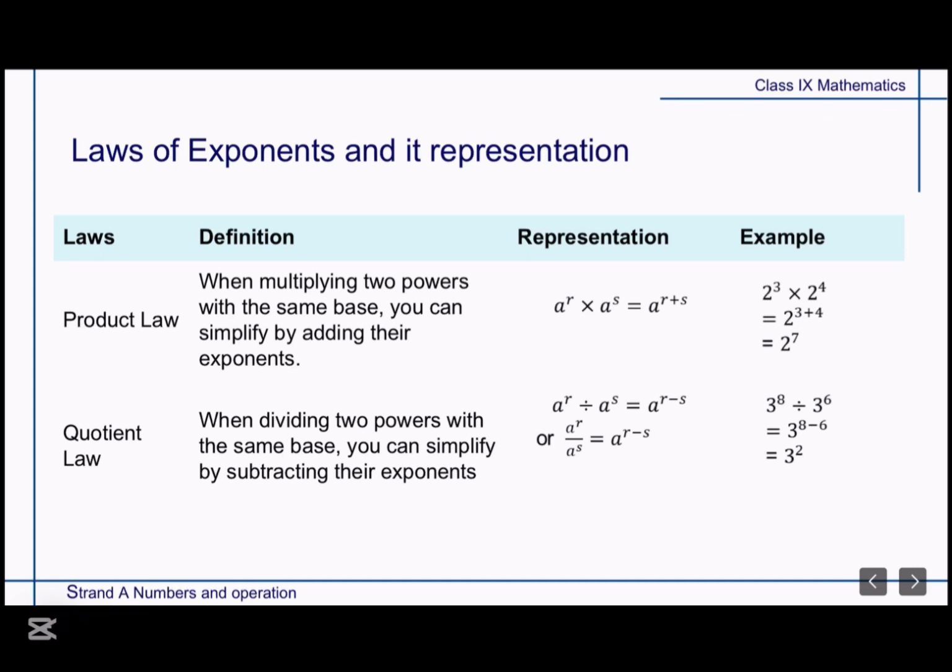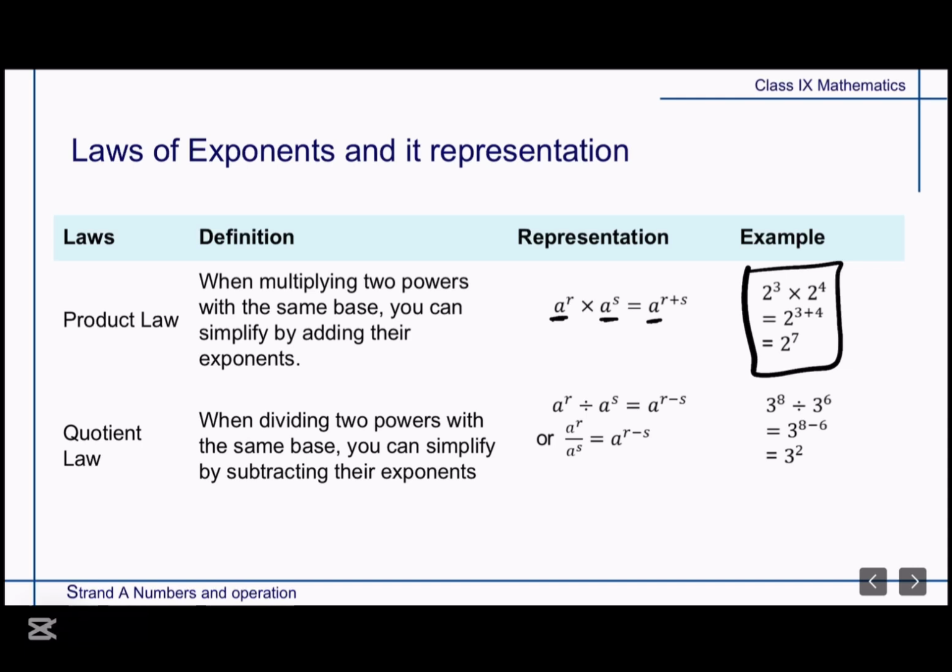So product law means when you multiply two powers with the same base, you can directly combine them by writing the base once and adding the exponents. If you look at this example, 2 raised to 3 times 2 raised to 4 is equal to 2 raised to 3 plus 4, which is 2 raised to 7.